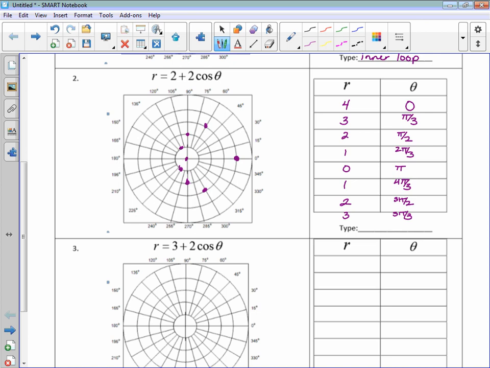Are those what your drafts look like, guys? Or do we need another minute? And then we'll connect them in order. This one's not as confusing to connect in order. Is there a loop on this one?